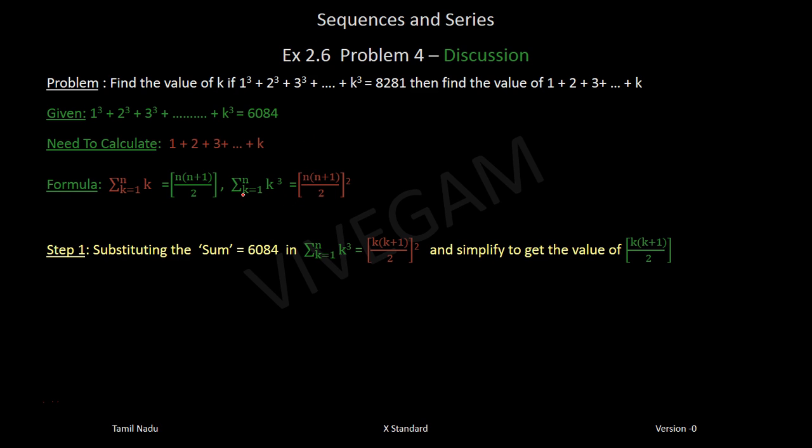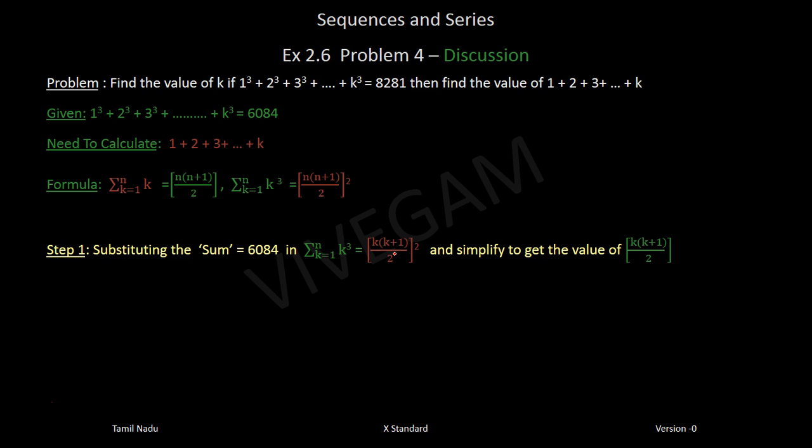So what will happen? Sigma of k equal to 1 to n of k cubed equals n into n plus 1 by 2 the whole square, and the value of n is k. So it will become k into k plus 1 by 2 the whole square, right? But we know the sum is 6084.